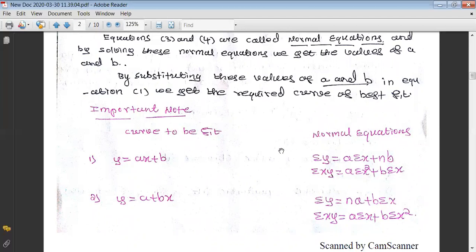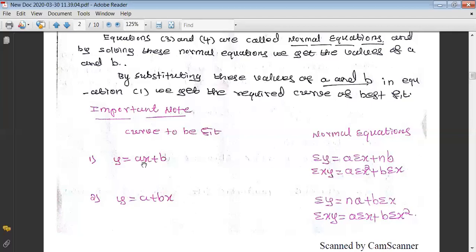Let us understand how to write these normal equations. When we know the curve to be fit, if it is a straight line, in order to write the first normal equation, take the summation of the equation of the curve to be fit. If you take the direct summation, the first term is summation y, that is here.